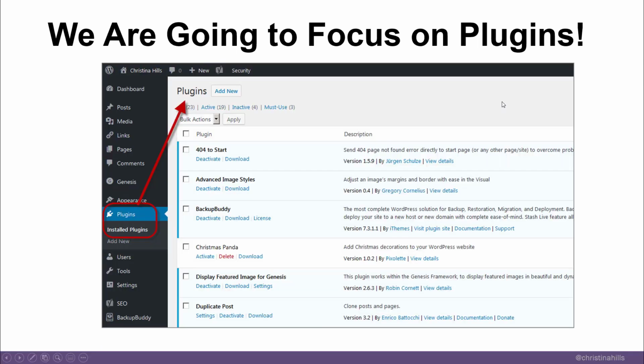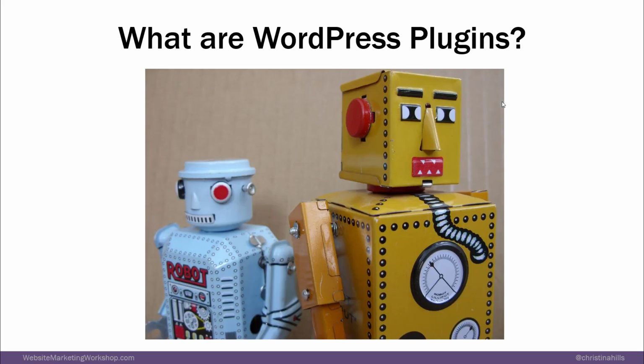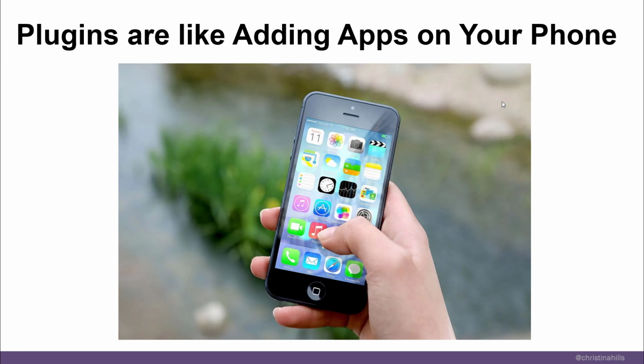All right, so what we're going to do today is focus on plugins. So what are WordPress plugins? Well, plugins are like adding apps to your phone. So you get a phone, either an Apple iPhone or a Droid. It comes out of the box with the software.